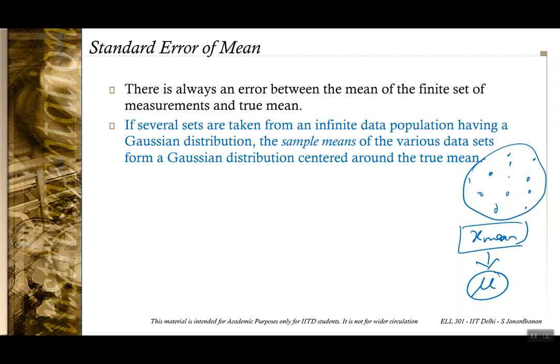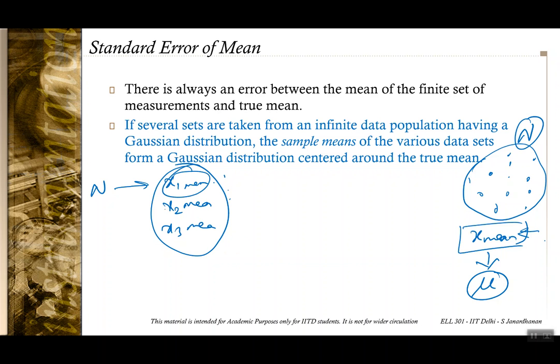In fact, if you have taken n points, made a set of measurements and taken a mean for it, and done this a lot of times, with the first experiment you get some x1 mean, then x2 mean, then x3 mean.